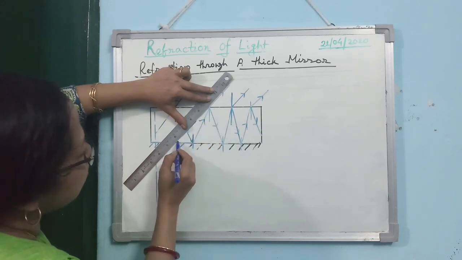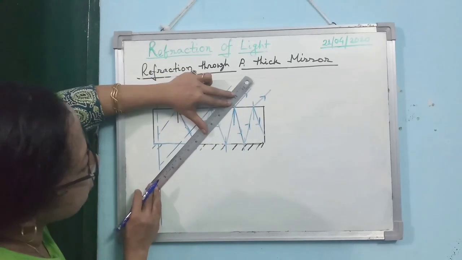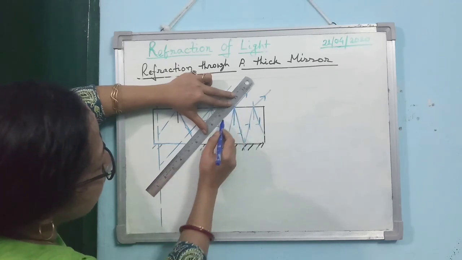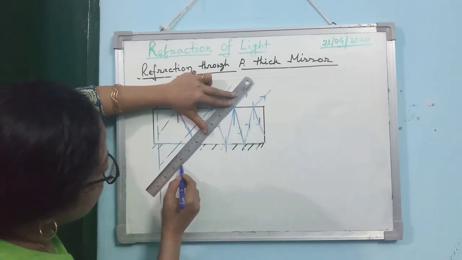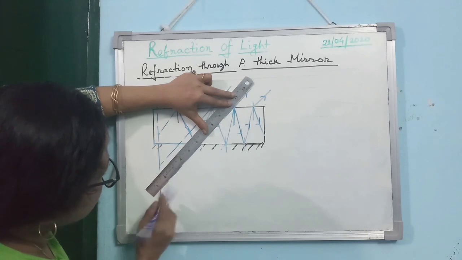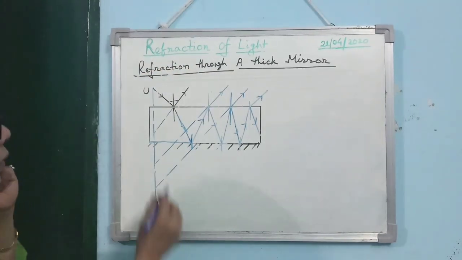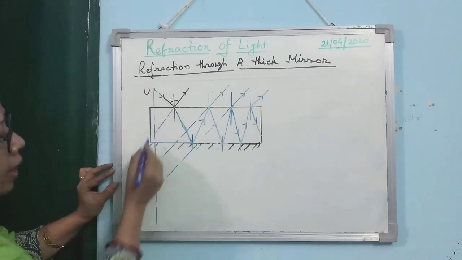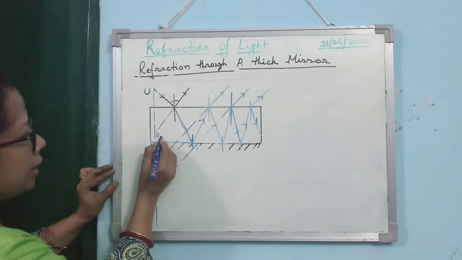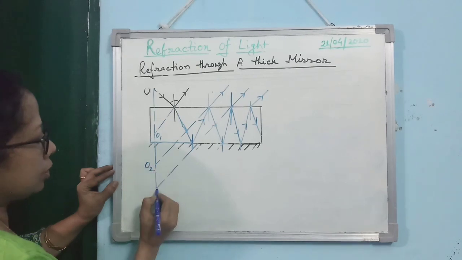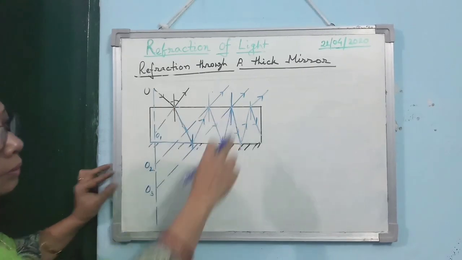You too do the same. By dotted line you must extend. So when you are extending it, then it is meeting at these points. So these will be the images formed by the light rays.